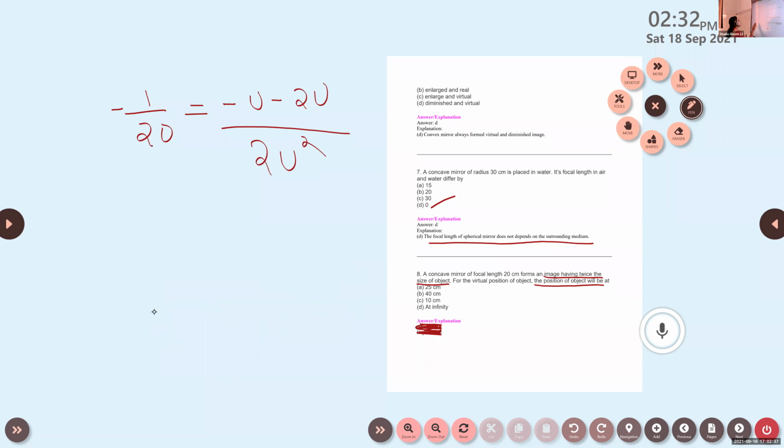So we have minus 1 by 20 is equal to minus u minus 2u, minus 3u, divided by 2u square.